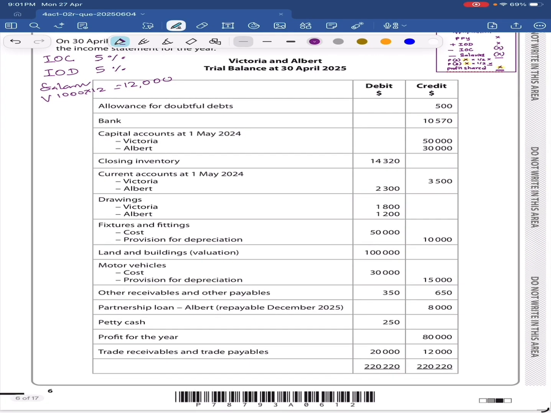As you can look at the information, you have allowance for doubtful debts, bank, capital accounts for Victoria and Albert, closing inventory, current account for Victoria and Albert, drawings for Victoria and Albert, fixtures and fittings, cost, provision for depreciation, land and building at valuation, motor vehicles, cost and provision for depreciation, other receivables and other payables, partnership loan, which Albert has given to the partnership worth 8,000, petty cash, profit for the year, trade receivables and trade payables.